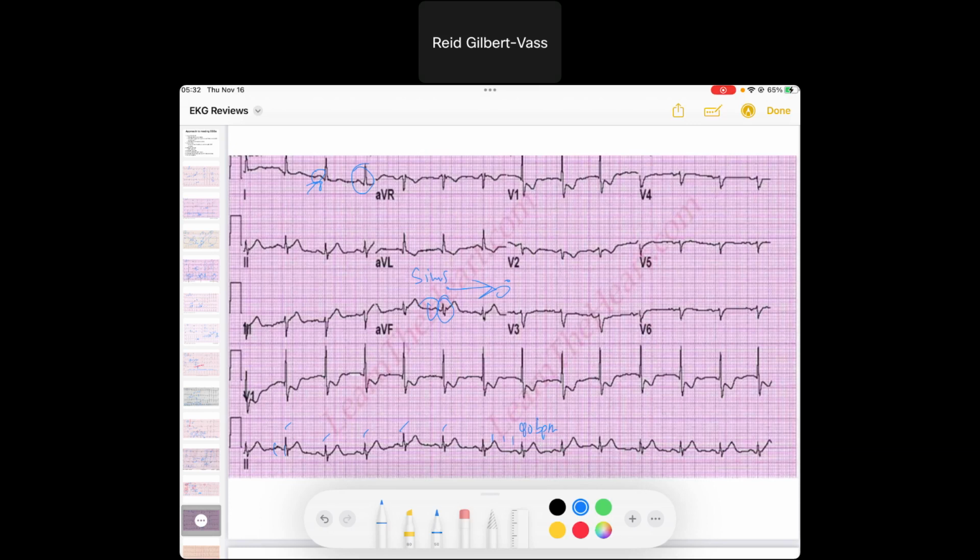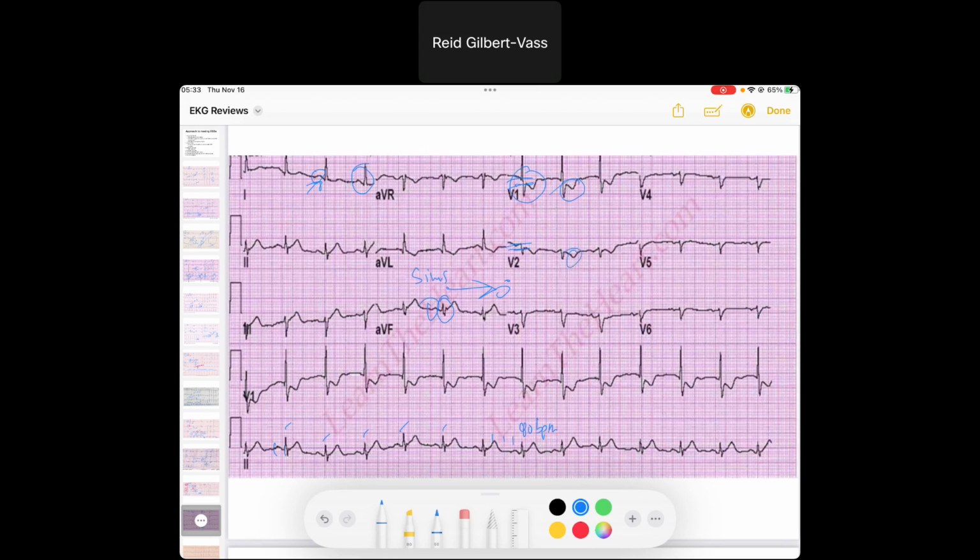And so when I look at some of these STs and T waves, if you look at V1, right here, we've got maybe some ST depression. And if you look at V2, we might have some ST depression. And then we've also just got T wave inversions in those same leads.